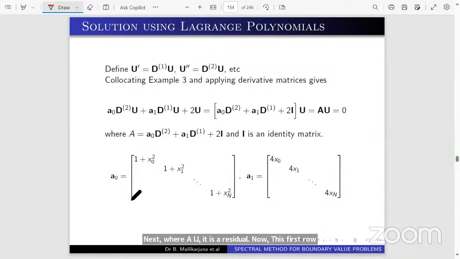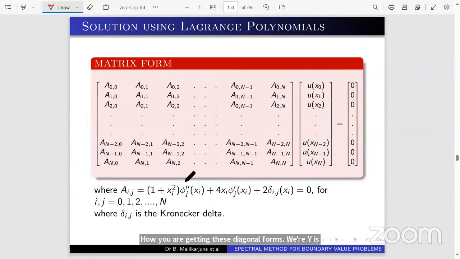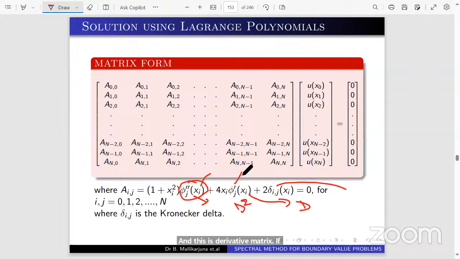This is how you are getting these diagonal forms, where A is equal to, because this pi double prime itself gives one more matrix form. This is D squared, and this is the derivative matrix. If the first two terms are derivative matrices, these also we have to convert in terms of matrix.